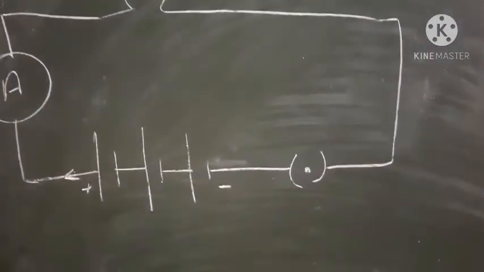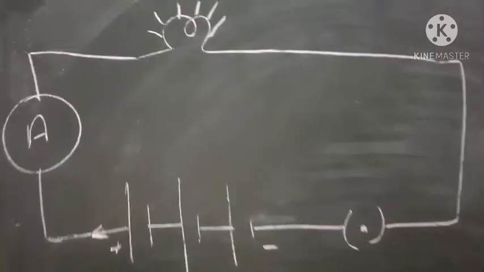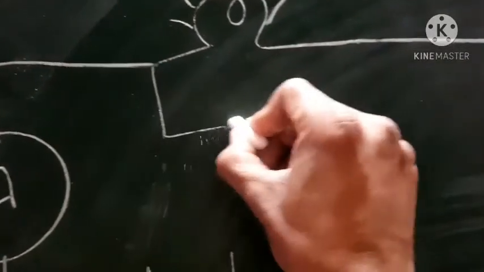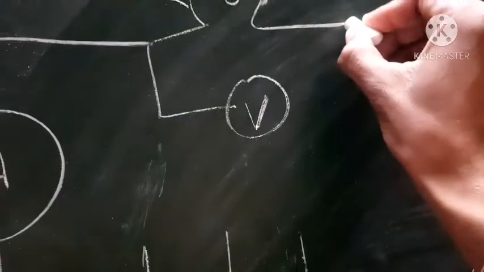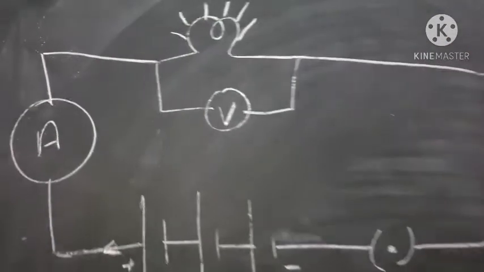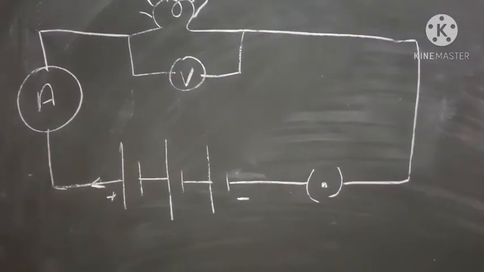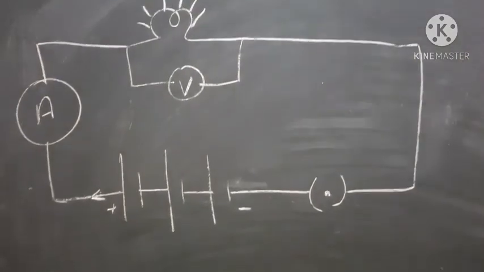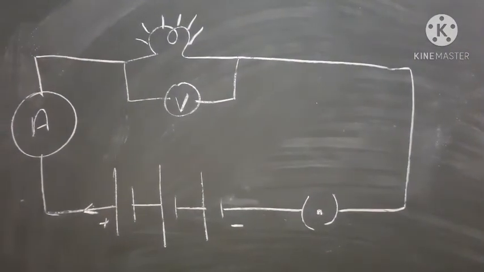And if you also want to add a voltmeter in this circuit, then the voltmeter will be connected in parallel. I hope you enjoyed it and have a good day.